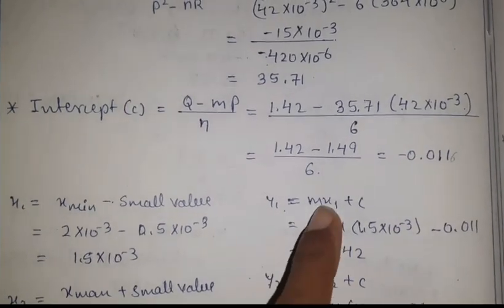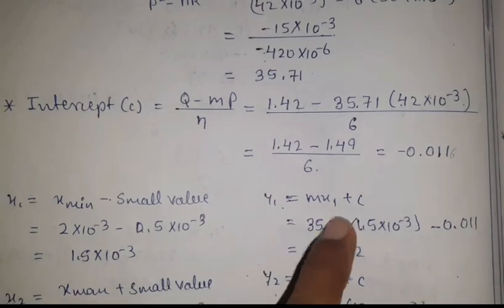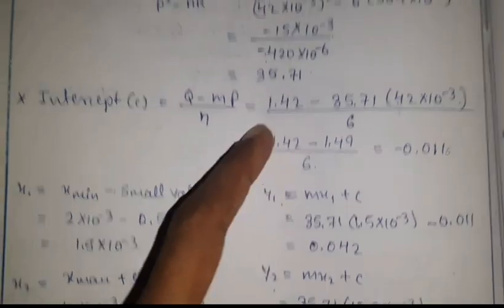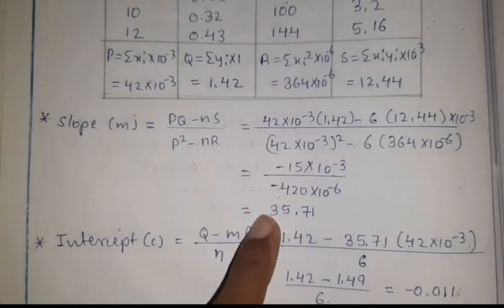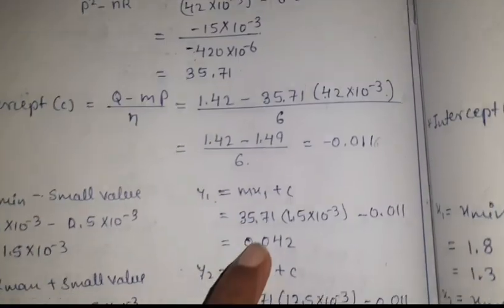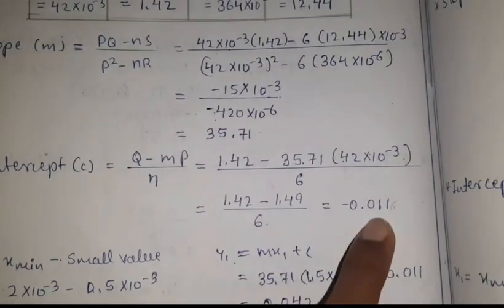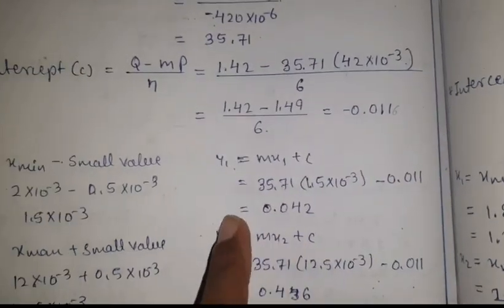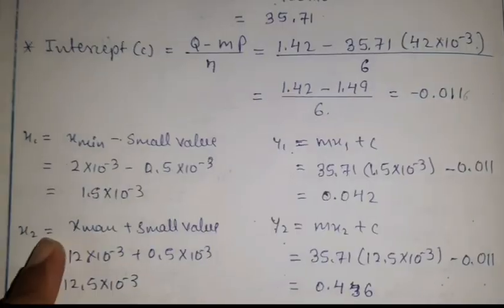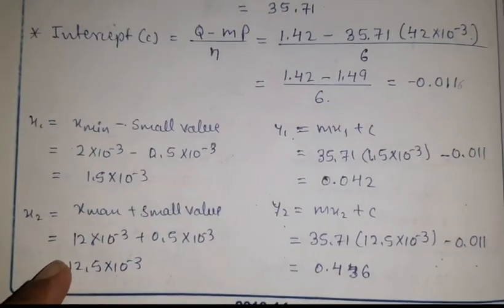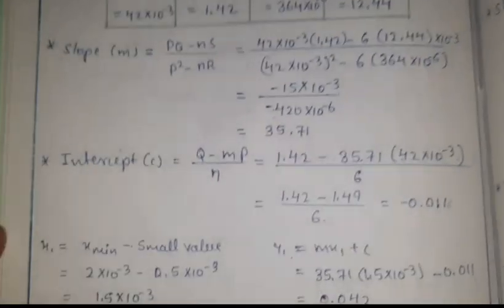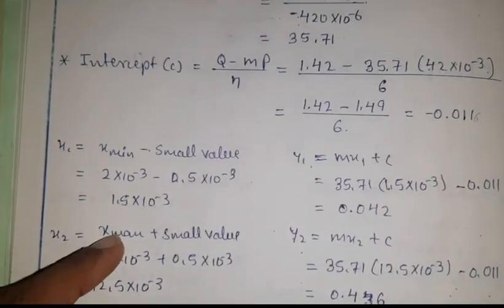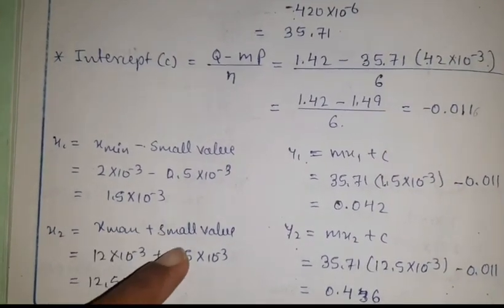y1 is mx1 plus c. The formula y equals mx plus c you have to use. The slope you have calculated from LSF parameters, substitute that, and the intercept also you have calculated, substitute, and you will get y1. Similarly you have to calculate x2. For x2 you calculate the maximum value plus a small value.